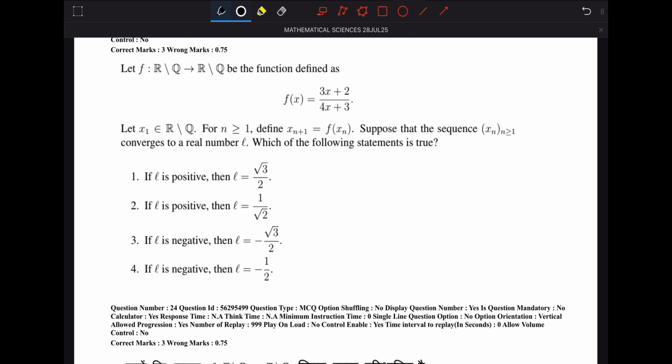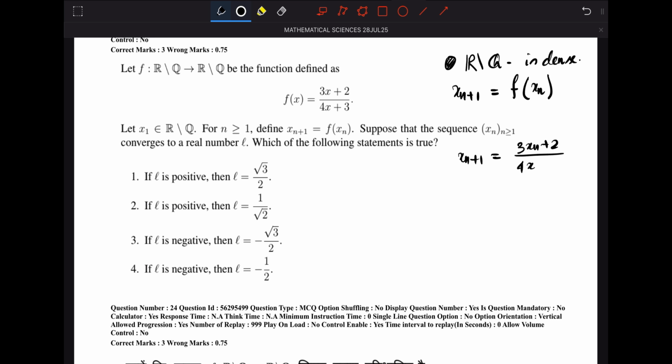Suppose that a sequence xn converges to a real number L. The sequence xn is defined by xn plus 1 equal to f of xn, that is, (3xn plus 2) divided by (4xn plus 3).